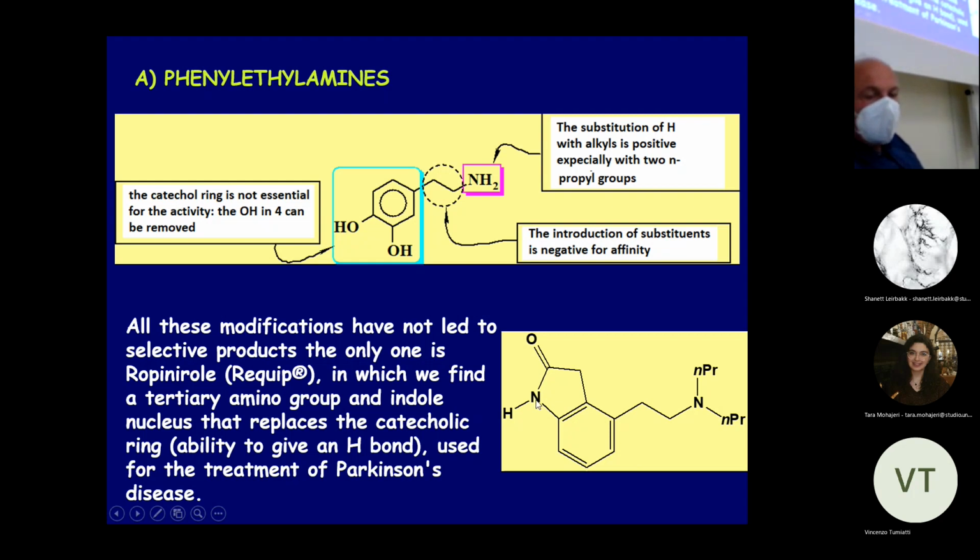And then in meta position, in 3 position, you have an amide. Lactam is a cyclic amide. Why an amide? Because there is a hydrogen able to give a hydrogen bond with the receptor. The same function as the OH in 3 on dopamine.